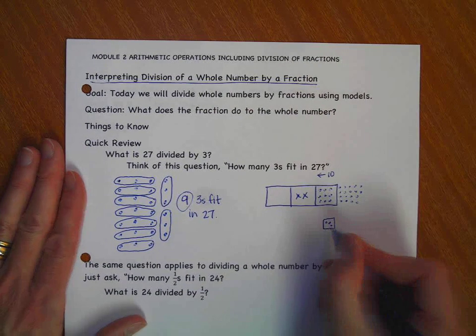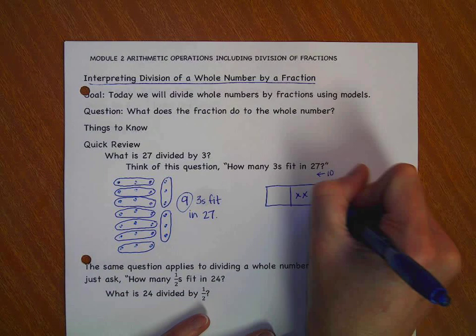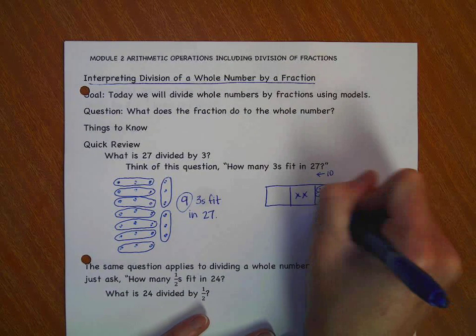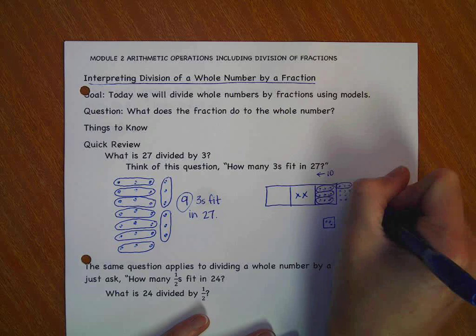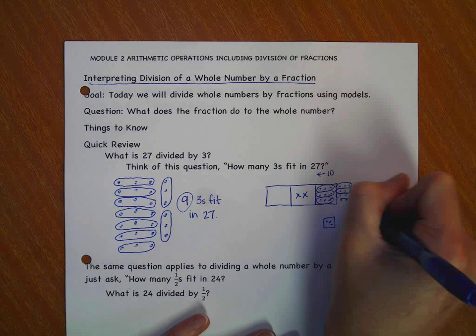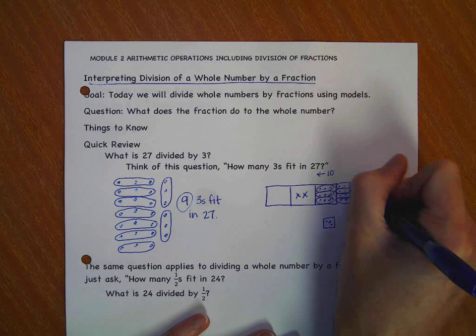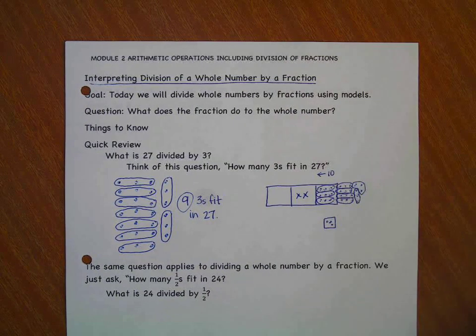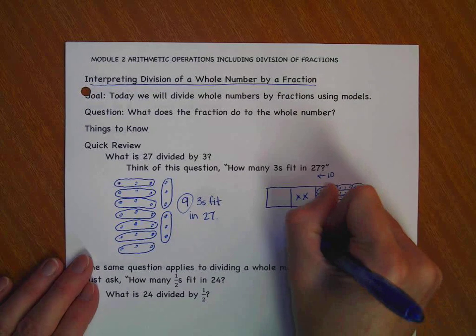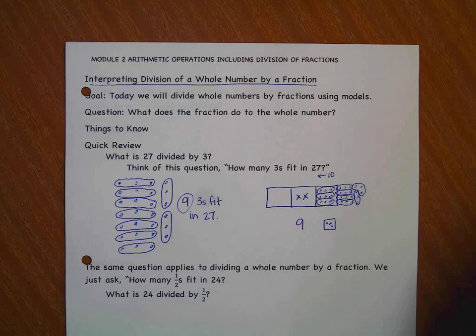And then I'm going to find groups of 3: 1, 2, 3, 4, 5, 6, 7, 8, 9. And just like with exploding dots, we came up with 9 3's.